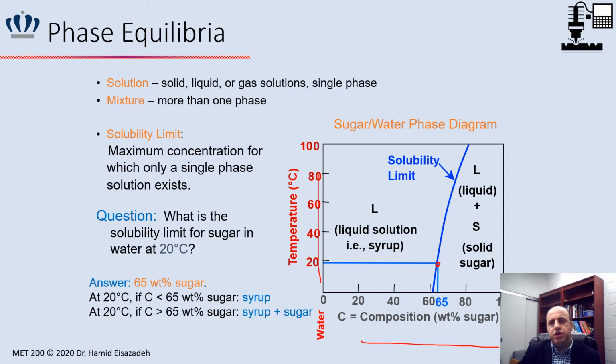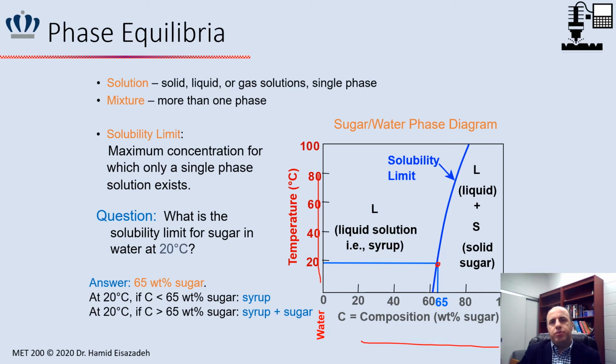As you go here, the amount of sugar increases and the amount of water decreases, right? As you increase the temperature, the solubility limit goes this way. It means the solubility limit goes higher, so you can add more sugar into that water.